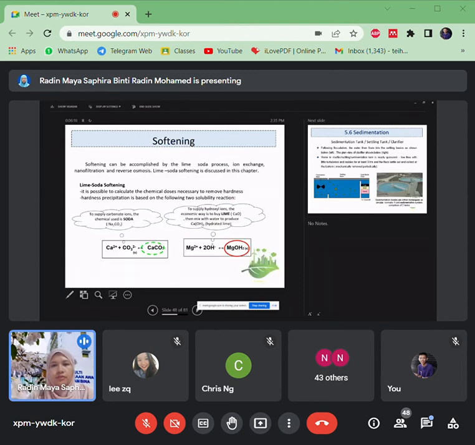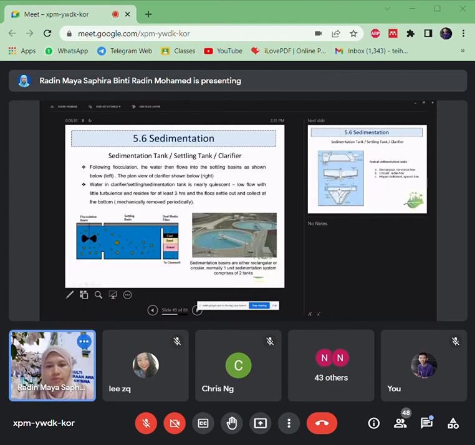Okay, this is only the examples. Lime, kapur, is very important to make sure that the water has less hardness. Okay, because if the water hardness level is very high, the water cannot be used or is very inefficient to be used for washing. Kalau cuci baju, you need more soap. Sometimes that's not efficient.